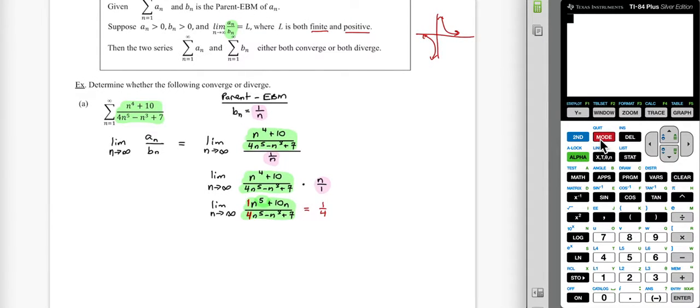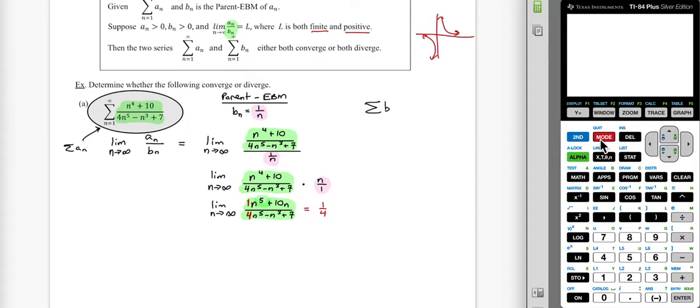What we need to do now, since we know that they're both going to converge or both diverge, and what I mean by both is we have the original, that's the sum of a sub n.